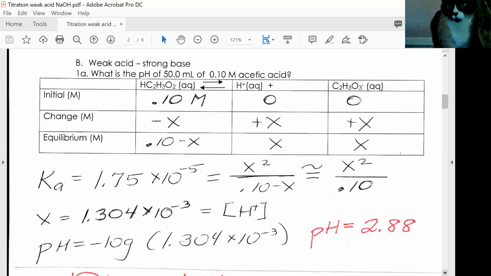Then we do the change. Minus X, plus X, plus X, and our equilibrium: 0.10 minus X, X, and X. So we're using acetic acid through this entire problem. The Ka of acetic acid is 1.75 times 10 to the minus 5. We set that equal to x squared over 0.10 minus x.